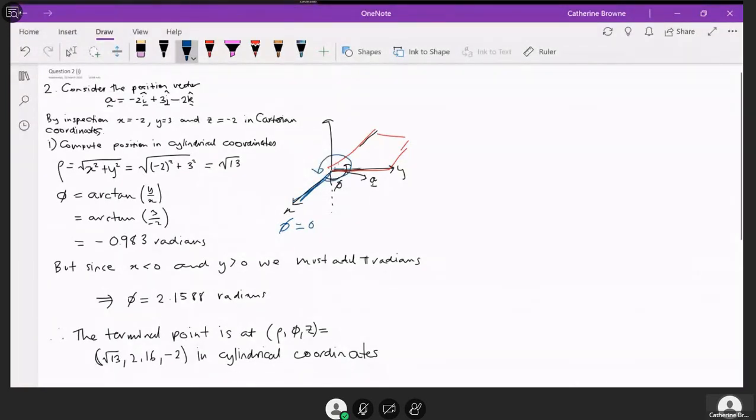And so along the y-axis, phi is equal to pi on 2. So we know that we're in this quadrant for A, so our radians should be between pi on 2, so that's like 1.57, and pi, so 3.14. So it's just pi minus 0.98, so we got 2.1. That's right. Yeah, so I just added pi. Cool.